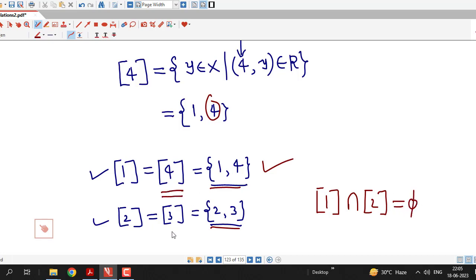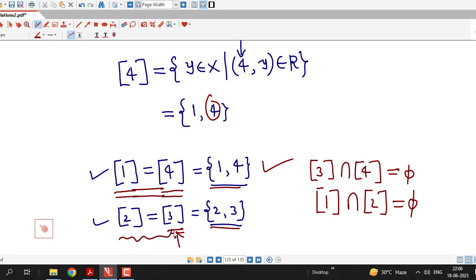Similarly, the intersection of the equivalence classes generated by 3 and 4 is also the empty set, and the equivalence classes generated by 1 and 4 are equal, and 2 and 3 are equal.